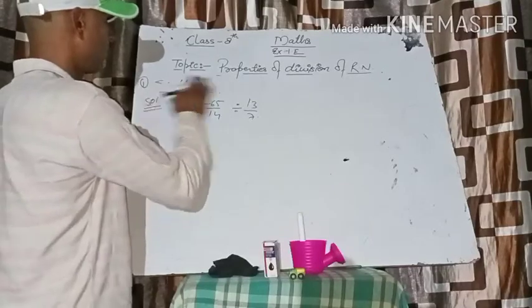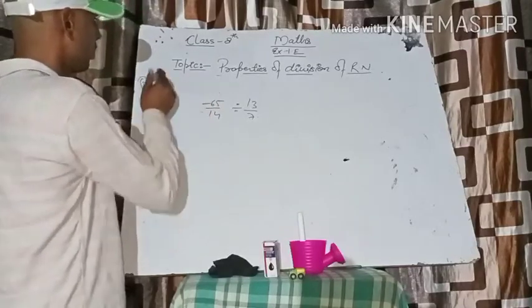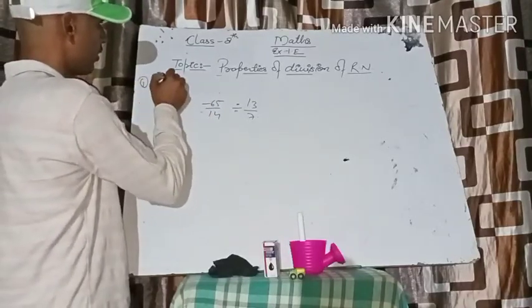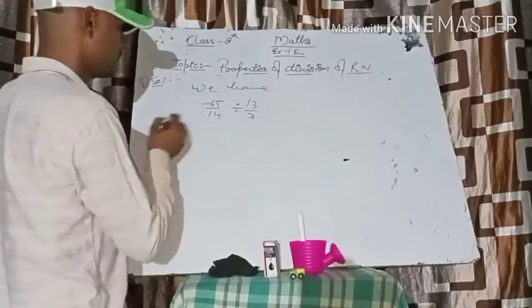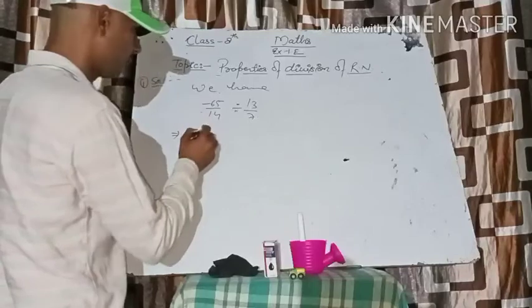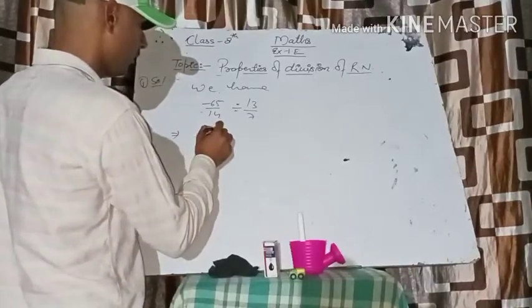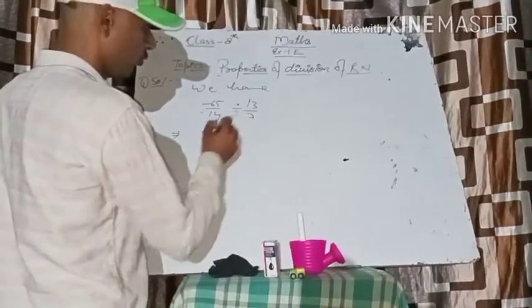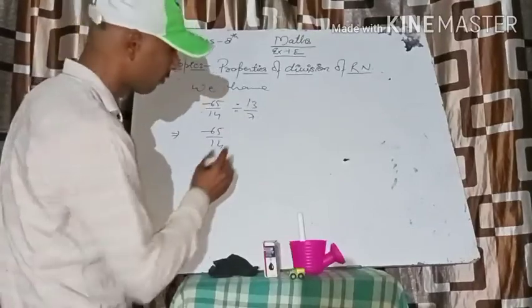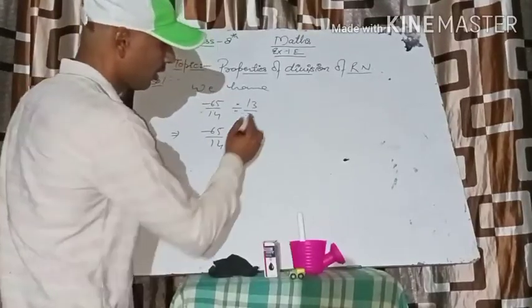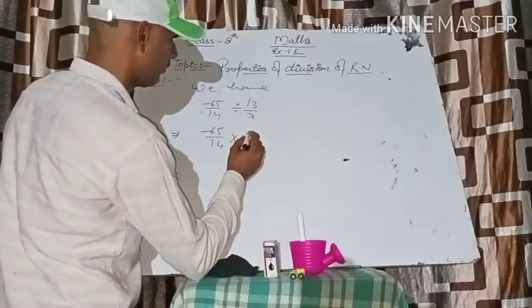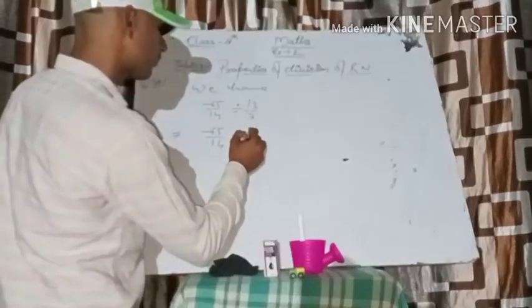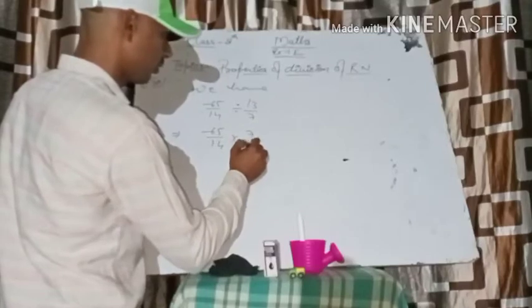First, how will you solve this question? We have minus 65 upon 14, and you know how to solve the division of fractions. Use the multiplication sign and take the reciprocal of the divisor, so 7 by 13.